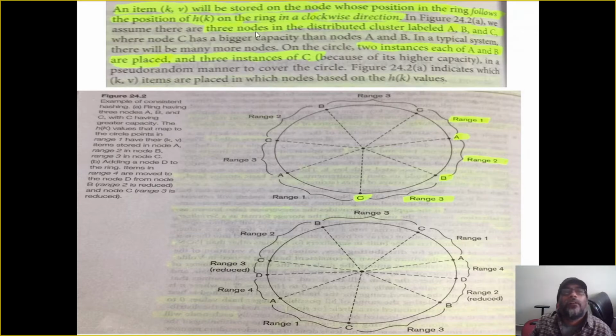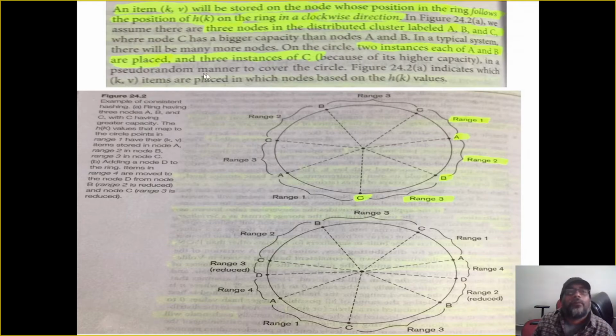Okay, so we assume there are three nodes in the distributed cluster labeled A, B, C, where C has a bigger capacity than nodes A and B. In a typical system, there will be many more nodes on the circle. Two instances each of A and B are placed and three instances of C, because it is higher capacity.